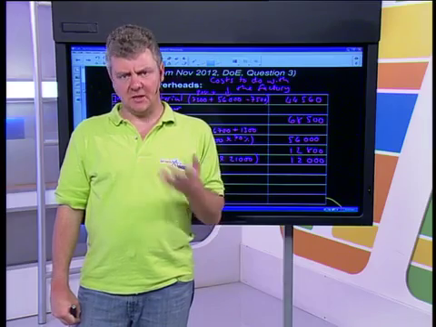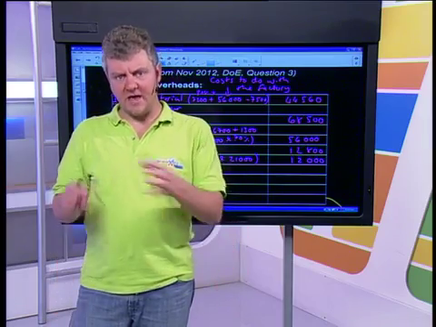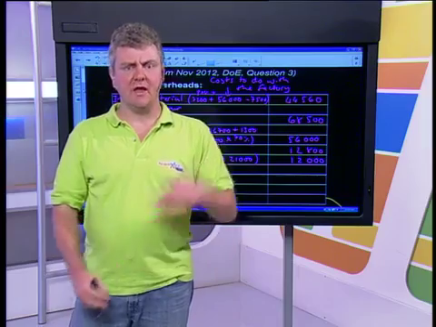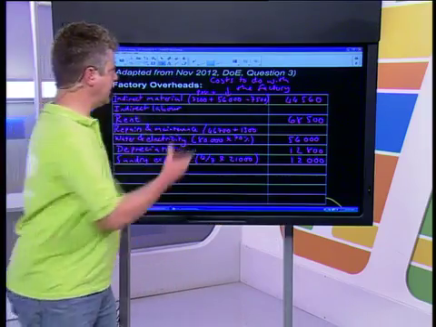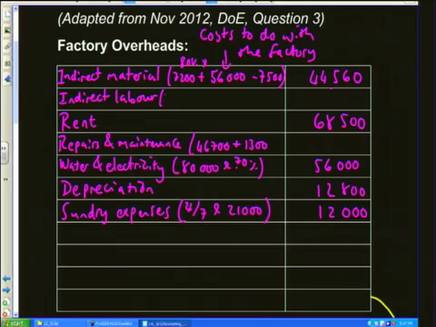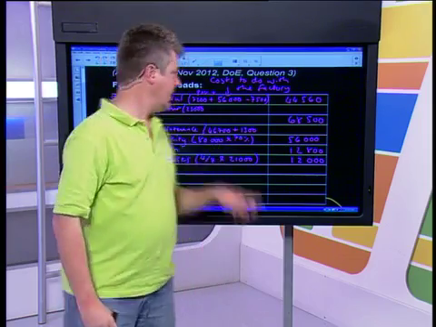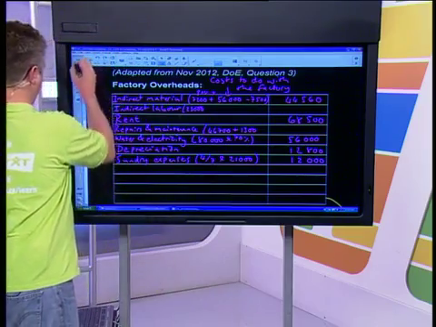Because this person is a cleaner, she doesn't spend her time making the products, she spends her time cleaning up after the people who've made the products. So she's going to count as an indirect laborer, and we should put that 23,000 Rand over here. Please make sure that you understand the difference between direct and indirect, because you do not want to put that in the wrong place. So I'll leave that 23,000 there for now.